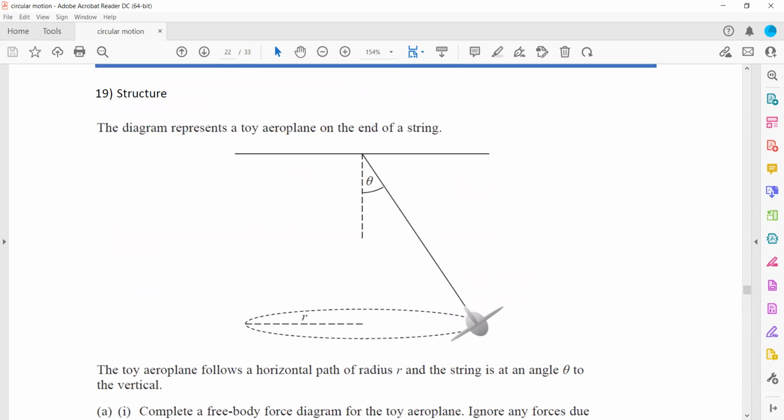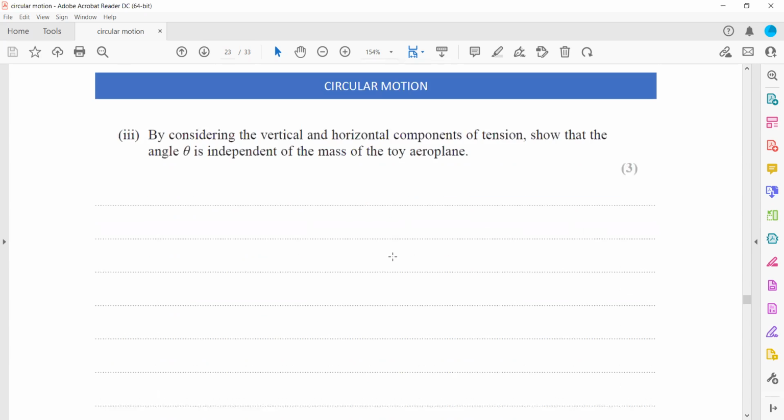So how can we find the value of theta experimentally?